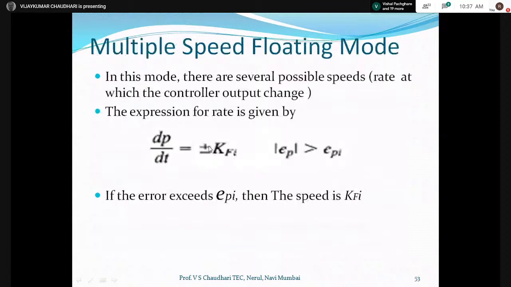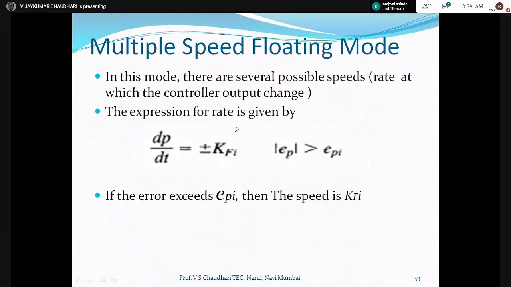Multiple speed. Here, instead of having a constant k, dp by dt equal to constant k, we introduce different rates for different values of errors. In this mode, there are several possible speeds, that is, rates at which the controller output changes.